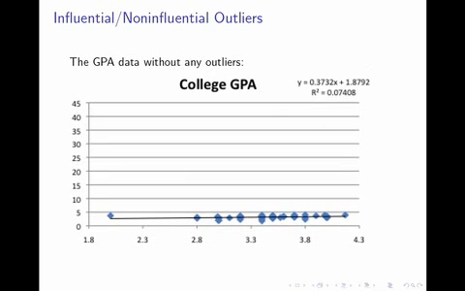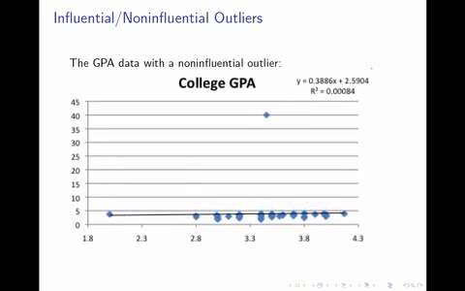On the other hand, here's the data back again. If I had made the mistake with some point whose x value was more middling, here I have an x value of around 3.4 and a y value of 40. So now the x value is close to the mean. You can see the line didn't really move much. The slope changed from 3.7 something to 3.8 something, just went up slightly.